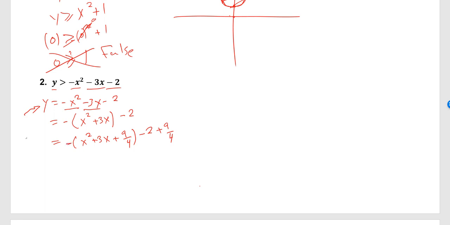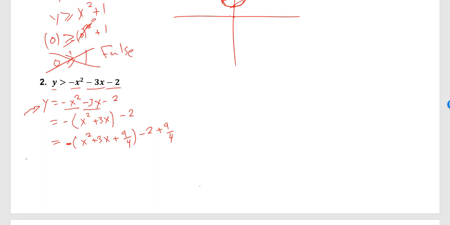Now notice what I did. Why did I do plus 9/4 here? Didn't we say that, if I'm adding the third term, then I need to subtract it to keep the equation balanced? Well, I added 9/4 inside the parentheses, but keep in mind, the entire parentheses is subjected to this negative sign, right?